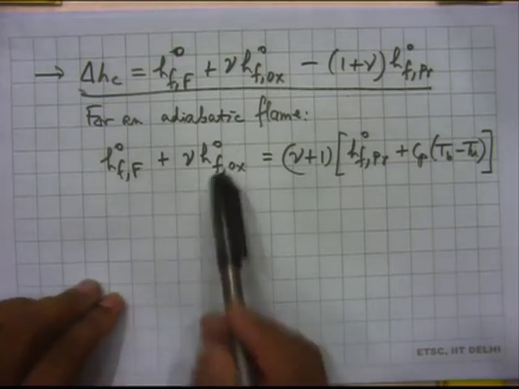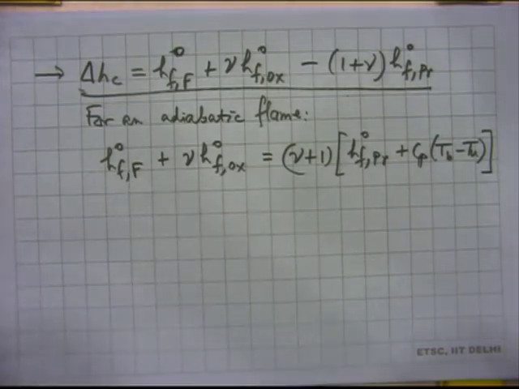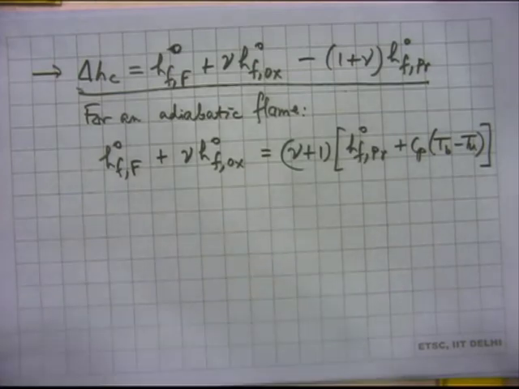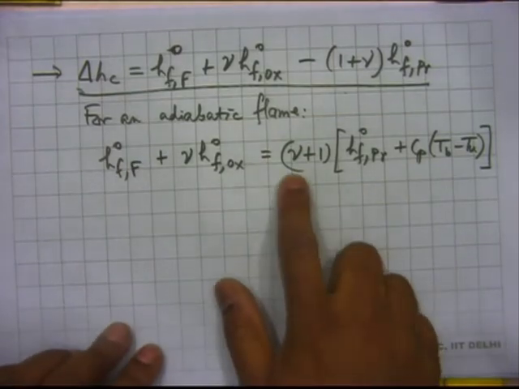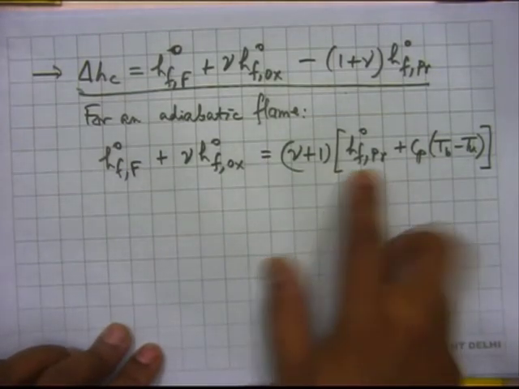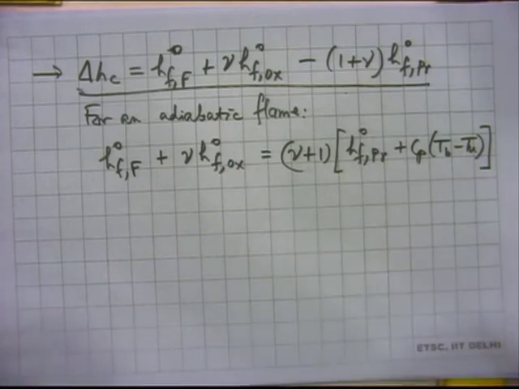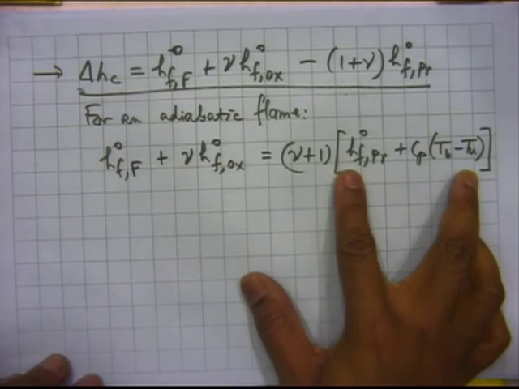What is the left hand side? Enthalpy of the reactants, since we have made the assumption that they are at the standard conditions, fine. And what is the right hand side? It is nu plus 1 into what is within the square brackets? So, this is at temperature T b, the enthalpy of the products.